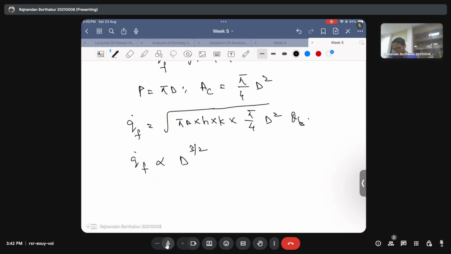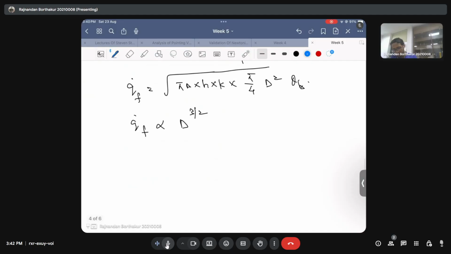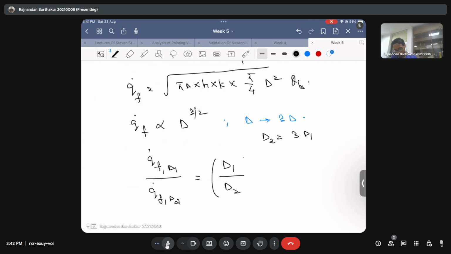So this means if my d changes from d to 3d, then I can say that the rate of heat transfer from the fin when the diameter was d1, to the rate of heat transfer from the fin when the diameter was d2, where d2 is equal to 3 times d1, is equal to d1 by d2 to the power 3 by 2.